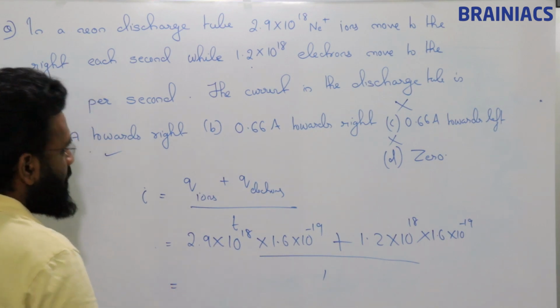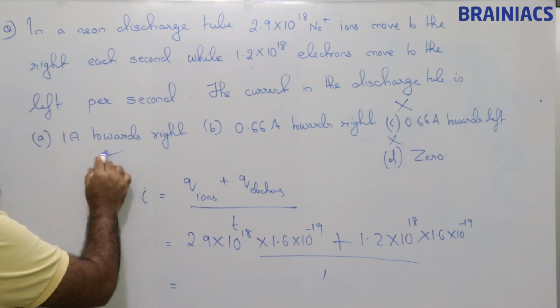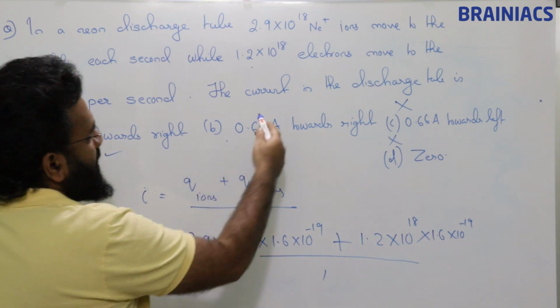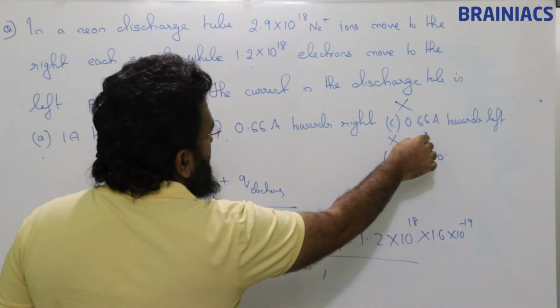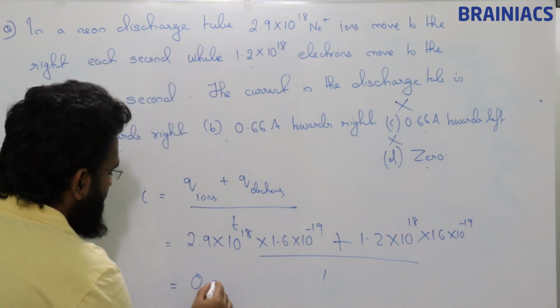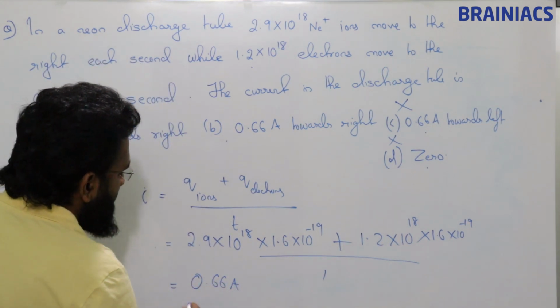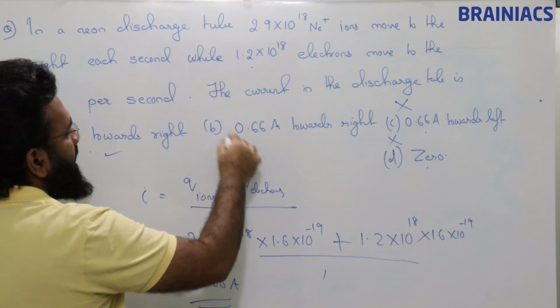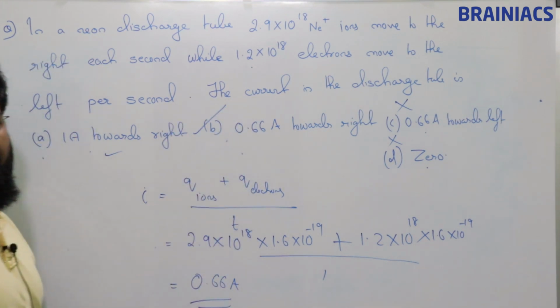So do this. It is either option A or option B, because current is moving to the right, not option C or option D. So we will be getting 0.66 amperes, that also towards right. Option B is the correct answer.